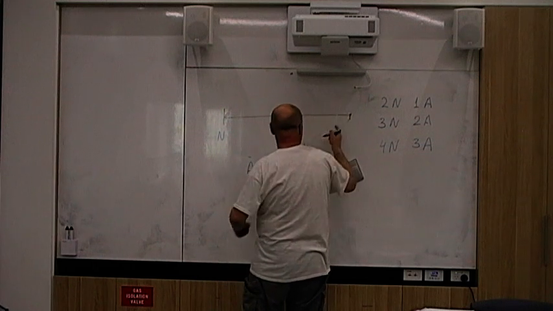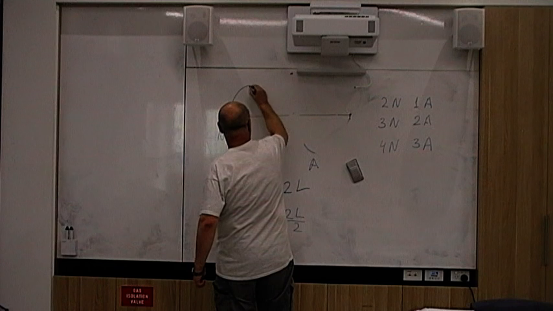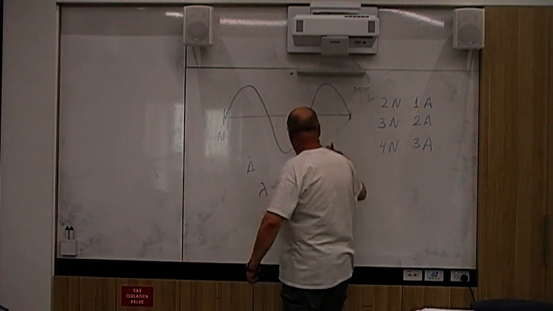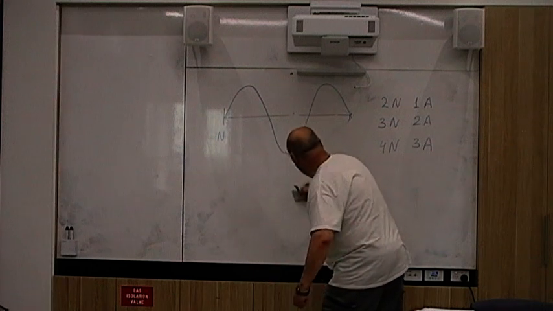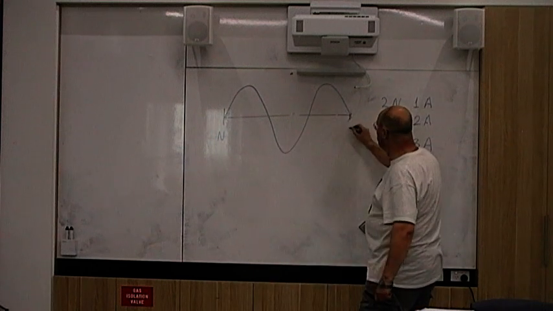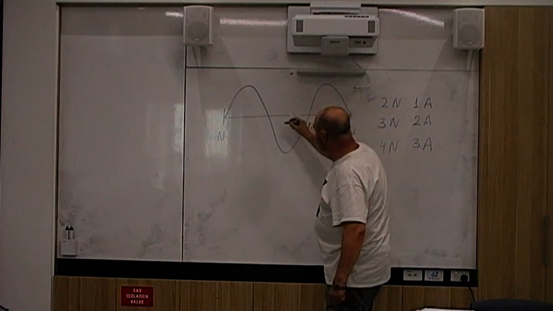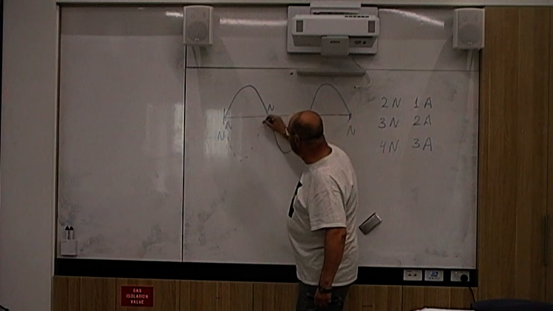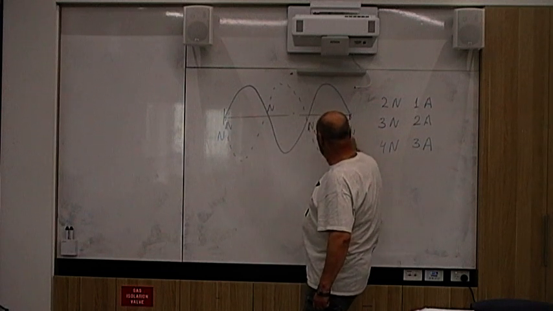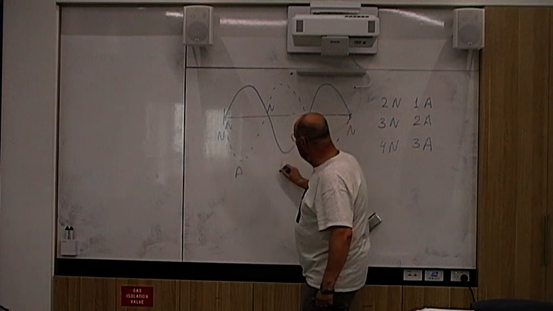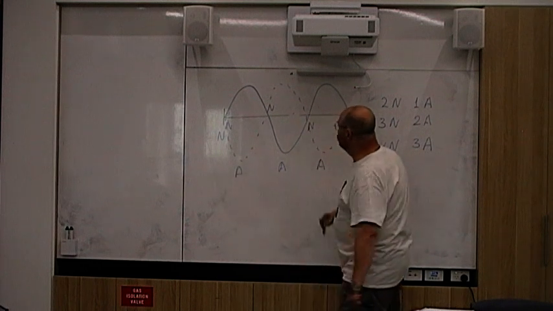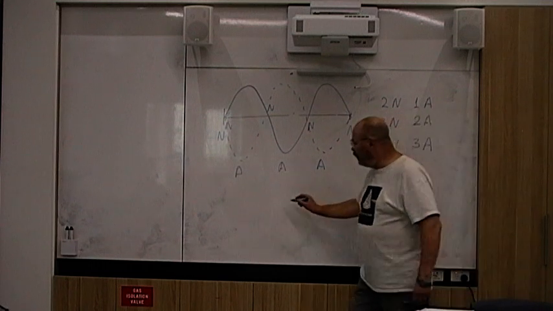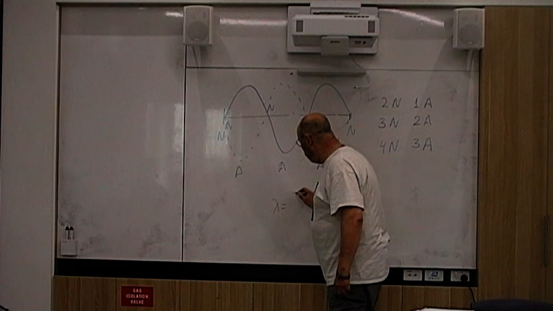Again, remember we must have nodes at the ends. So now we have four nodes and three antinodes. What is the relationship now? The wavelength equals 2L over 3.